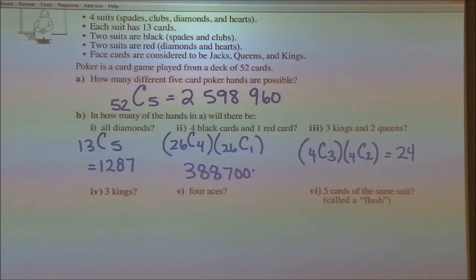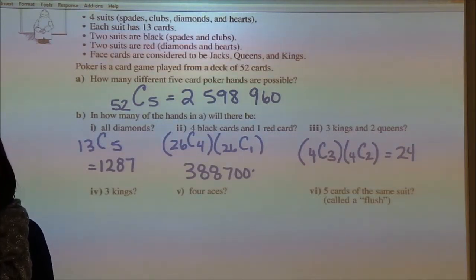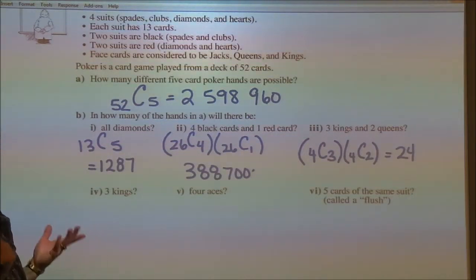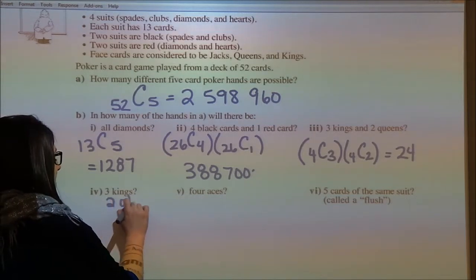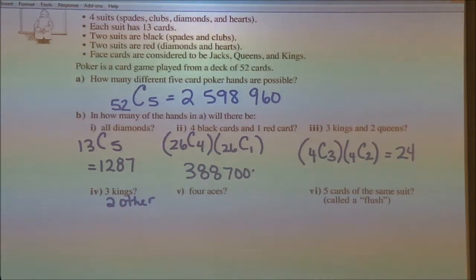How about picking just 3 kings? So if I'm picking 3 kings, what else do I have in my hand? Anything else. So I have 3 kings and 2 others. So how many ways can I pick my 3 kings? 4C3. Yes.